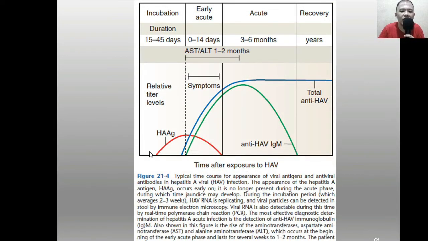We have the antigen here, but before the antigen drops, we already have antibody, the antibody for the virus, that is for the acute, that's IgM. The IgG is not shown, but we can assume that the total anti-HA already includes the IgG.